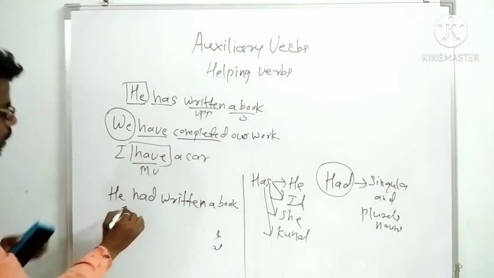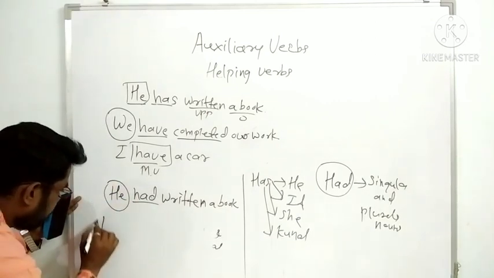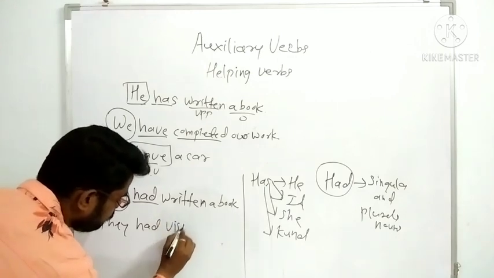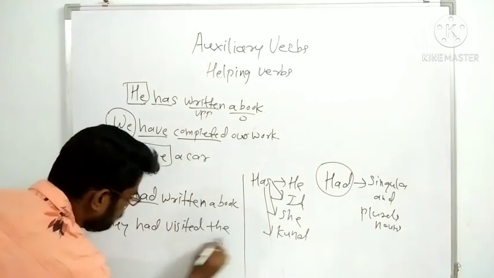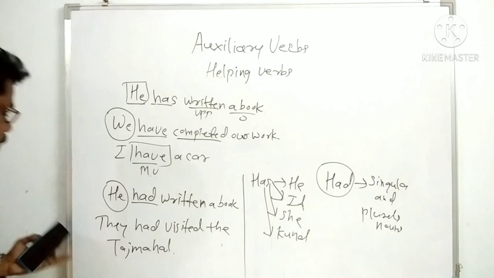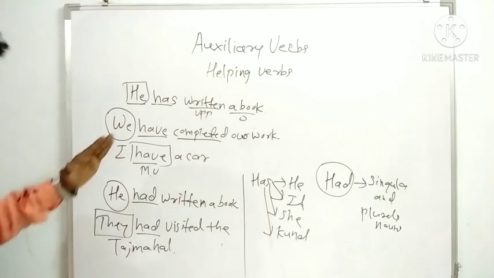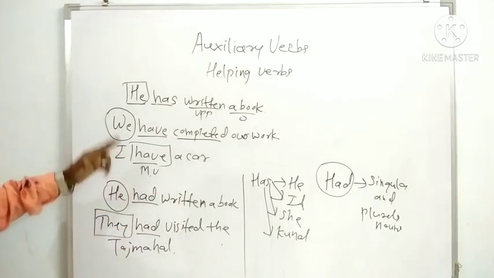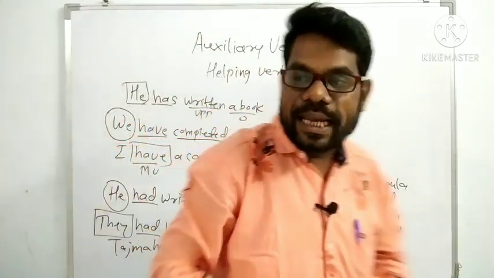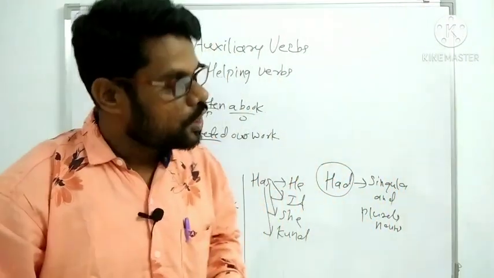It indicates the past tense. Subject singular, we use had. Though they had visited the Taj Mahal. They had visited the Taj Mahal. See, plural, had, no choice. So only one had. It shows the past tense. Have and has we use in the present tense. So students, all these are the helping verbs or the auxiliary verbs. I hope you all have understood it. Okay.